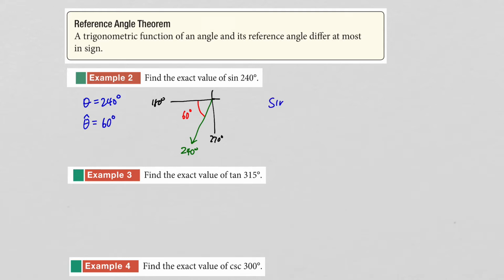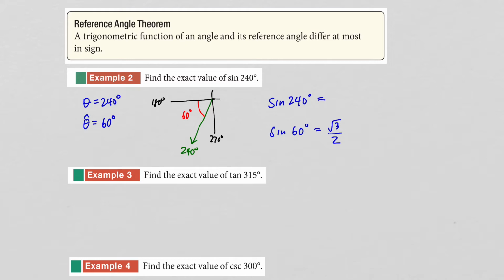So if I want to get the sine of 240 degrees, I first need to know what is the sine of 60 degrees. Well, the sine of 60 degrees is radical 3 over 2. You can calculate this value any number of ways. You can use the definition of trigonometry for right triangles, or you can use the original definition, etc. But one thing we should know is the sine of 60 degrees is square root of 3 over 2.